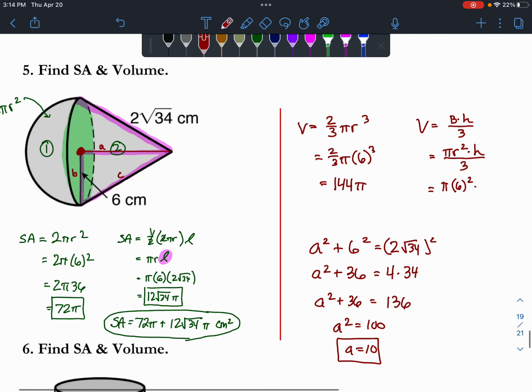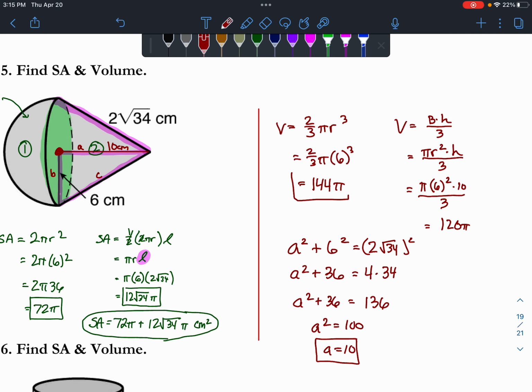So that allows us to now use the height of this shape in our formula. Plug in that number 10. You should get yourself a nice final answer for this one of, let's see what we got here. 6 squared is 36, times 10 divided by 3 is 12, you get 120 pi.